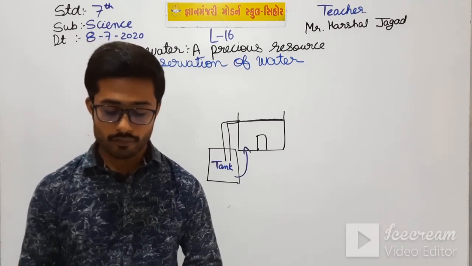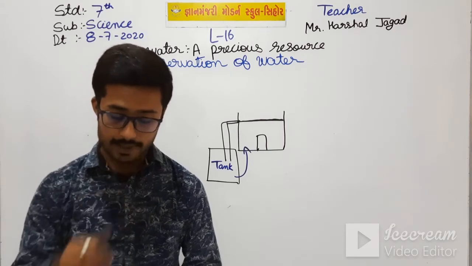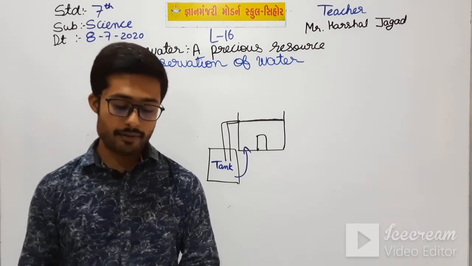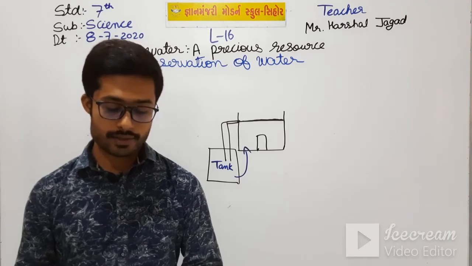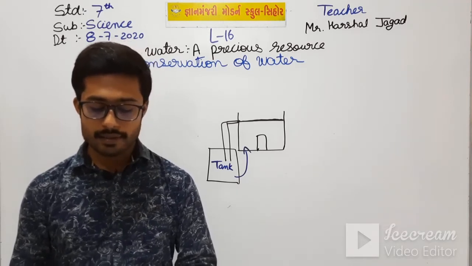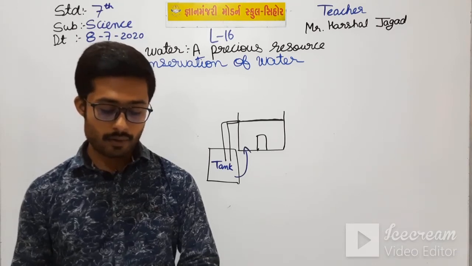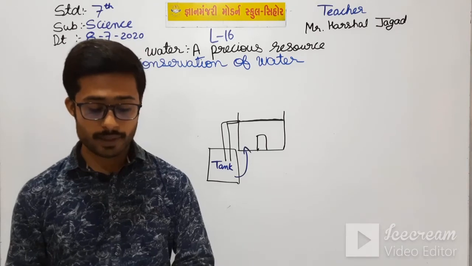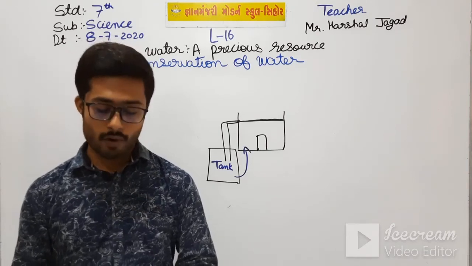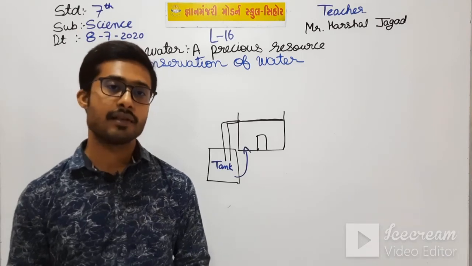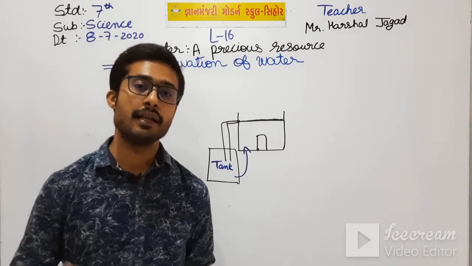Used water can also be recycled for various purposes. A great amount of water is wasted during floods. Dams, reservoirs and embankments should be built across water bodies such as rivers and streams to control the flow of water and to store water for various purposes. It means we should recycle the water.